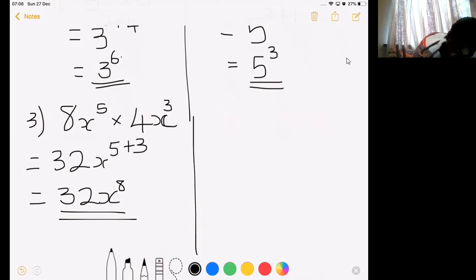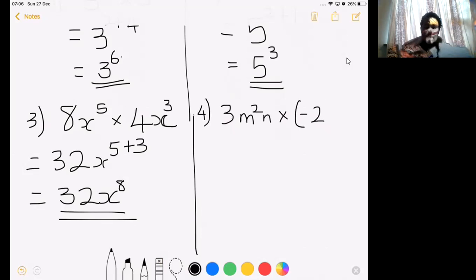Number 4, 3m squared n times minus 2m n to the power of 3. We are multiplying 3m squared n times minus 2m n to the power of 3.